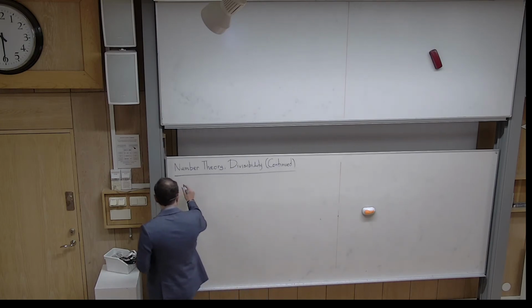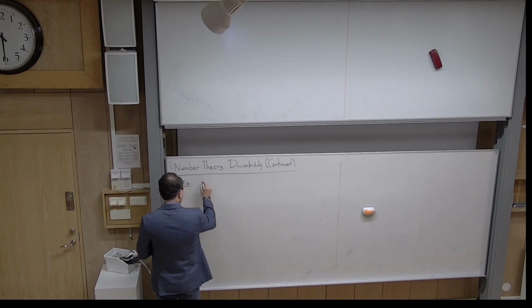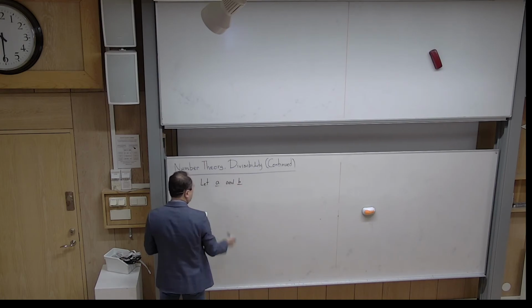Okay, so let me just start writing some problems here for you to see how it works. So example. Let A and B, I underline them so that I mean these are mathematical variables.